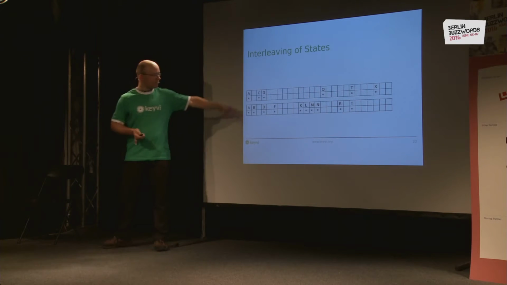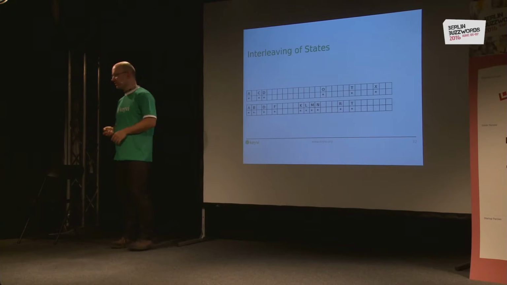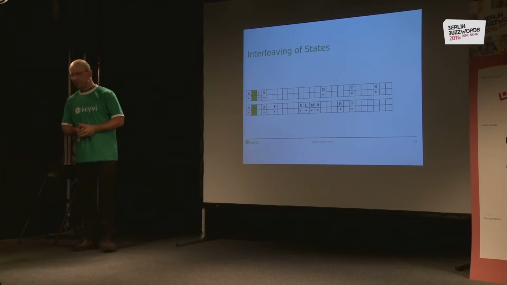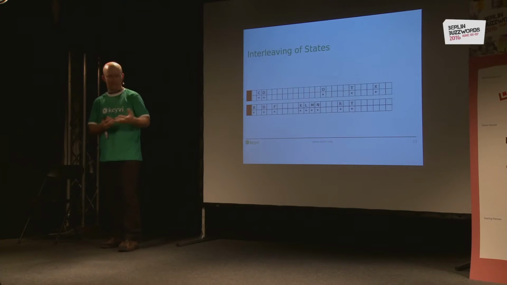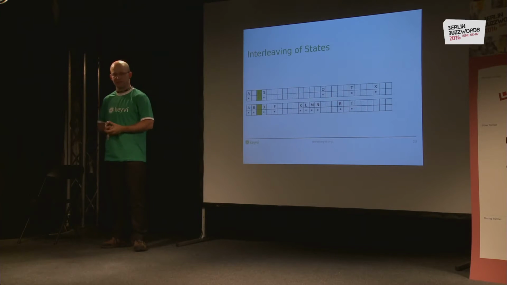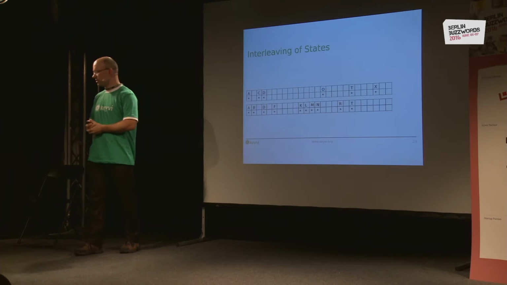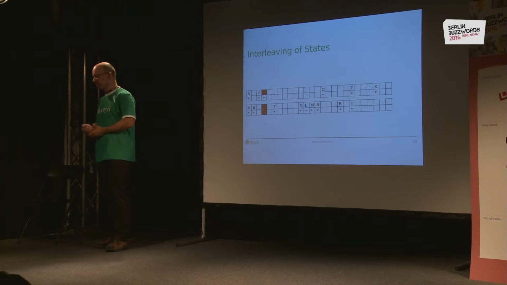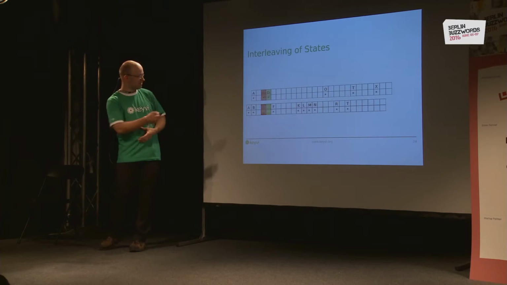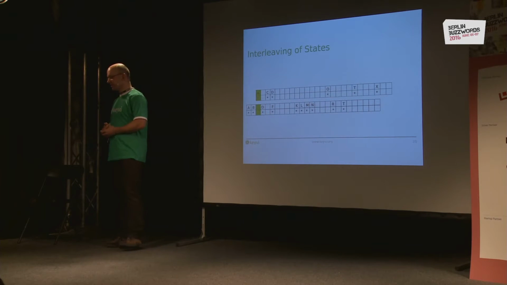So given these two sparse arrays, we try to combine them. If we try to interleave them, in this case, that would actually mean this doesn't work. It somehow clashes on the A. Okay, next try. Clashes on the beginning. Next try.